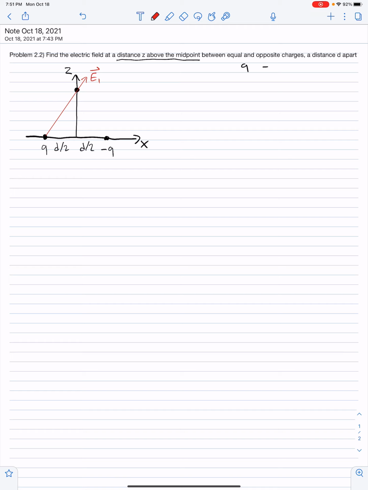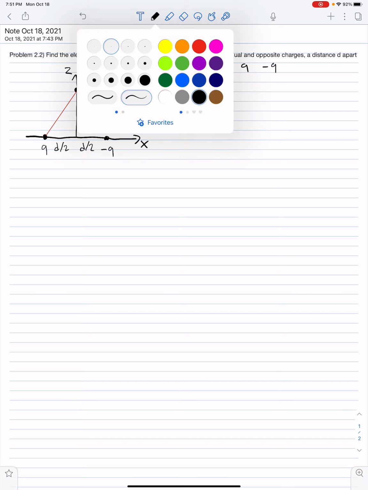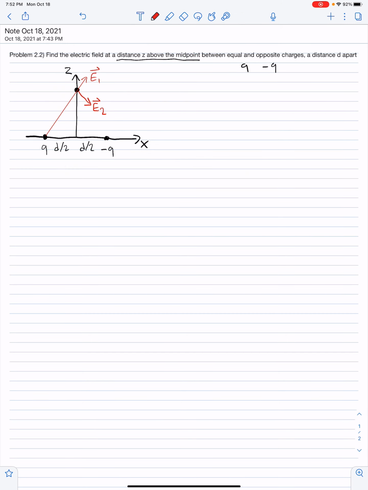So we can simply just say that this is our other electric field. So try to see if that makes sense. This is negative Q. And once you see that, you should see that our resultant electric field will simply be this right here, right in between both, which is basically the total electric field from both of these charges.